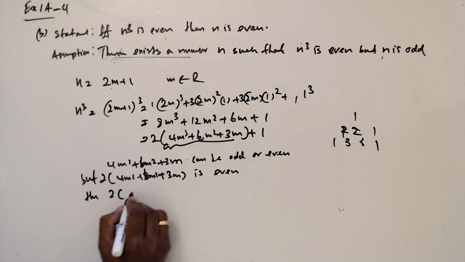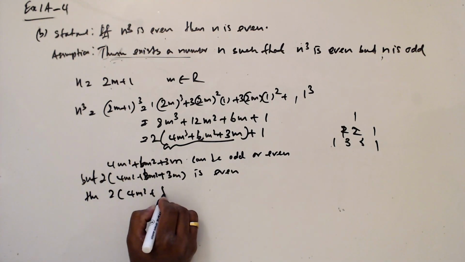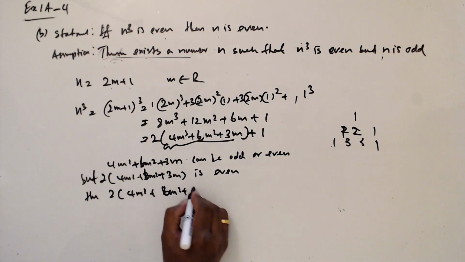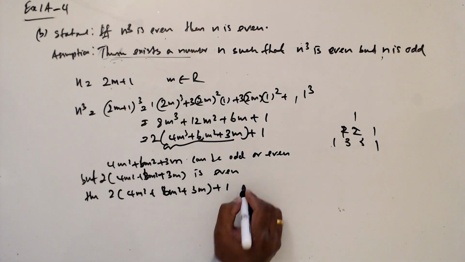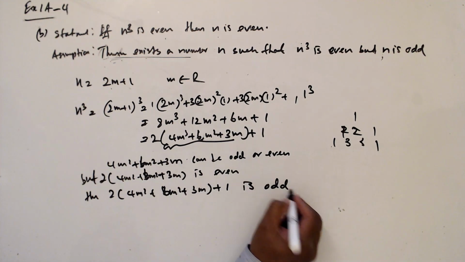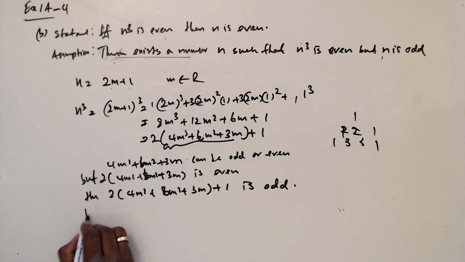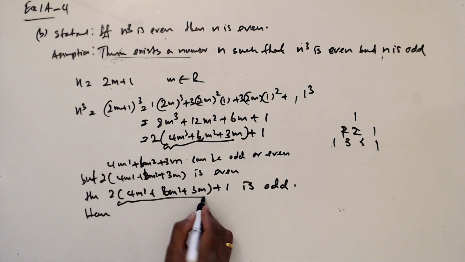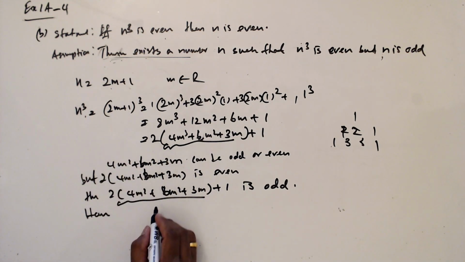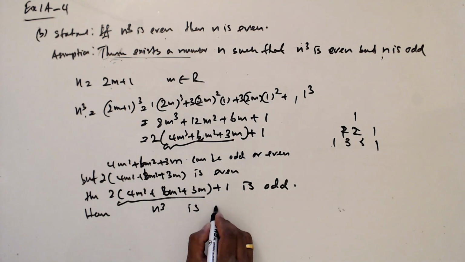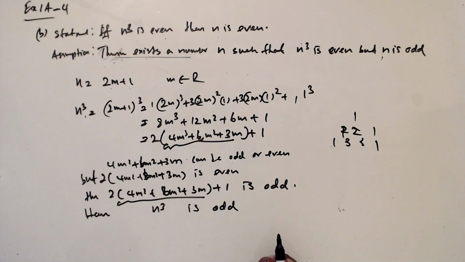Then 2 times that plus 1 is odd. Hence n cube is odd.